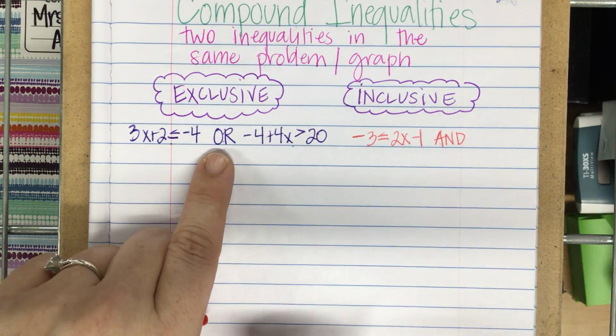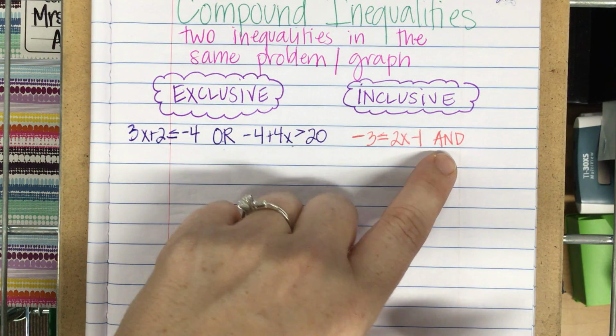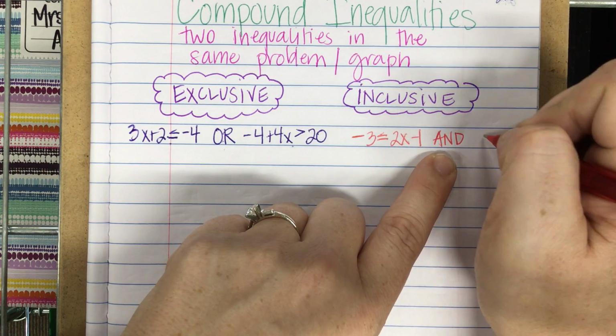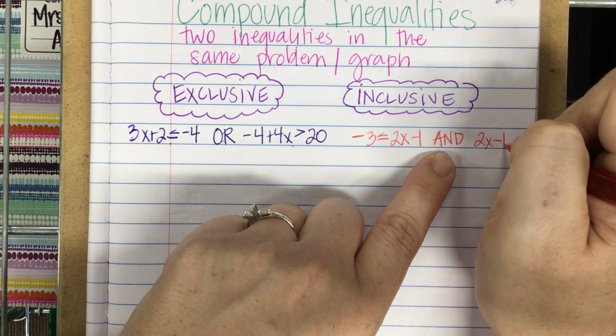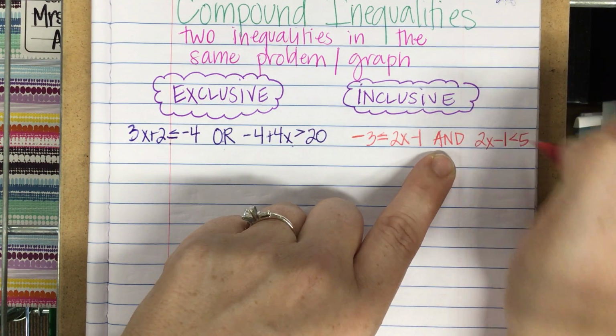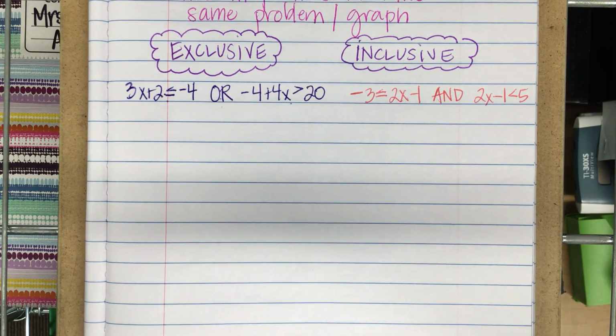And instead of the word or, it says and 2x minus 1 is less than 5. So we have exclusive with the word or, meaning either it's this one or it's this one. And then we have inclusive with the word and, which means both of them together.